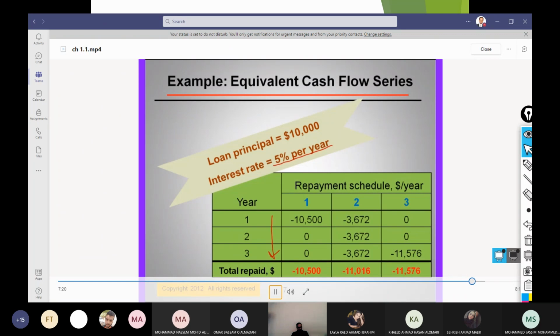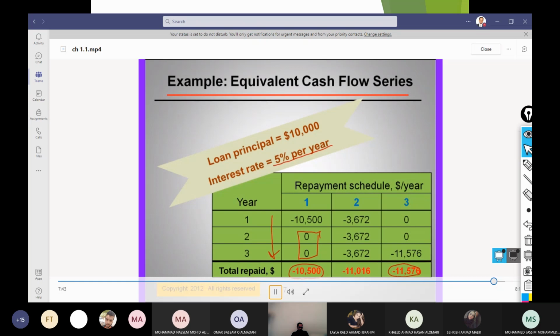Notice that the total amount repaid varies considerably from $10,500 for Plan 1 to $11,576 for Plan 3. This is because of the manner in which the interest due is determined and the timing of the cash flows. Plan 1 requires payment after only 1 year, with no repayments during the second and third year.